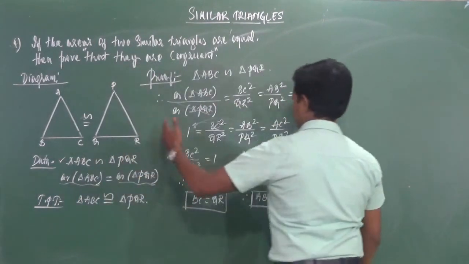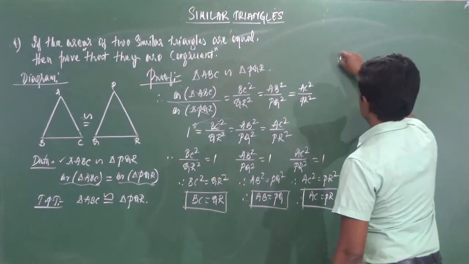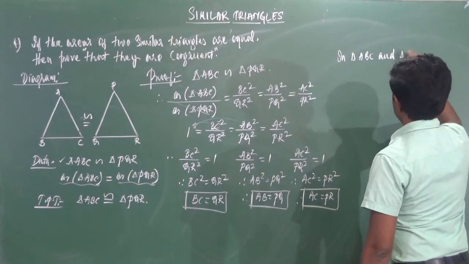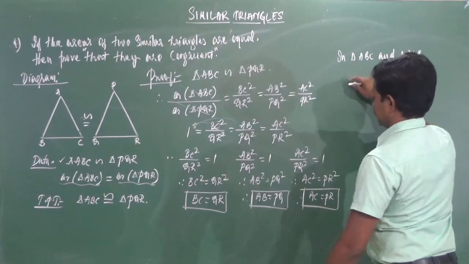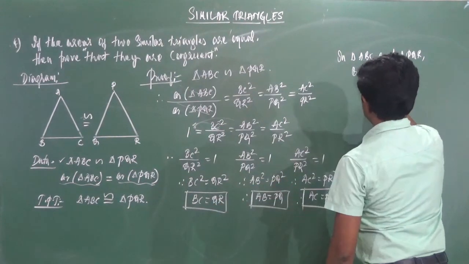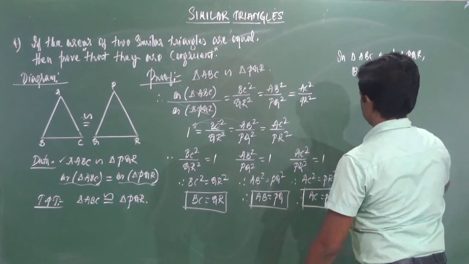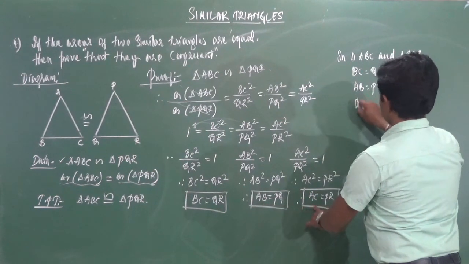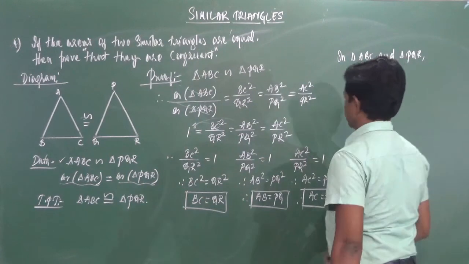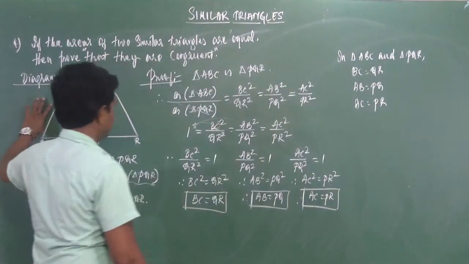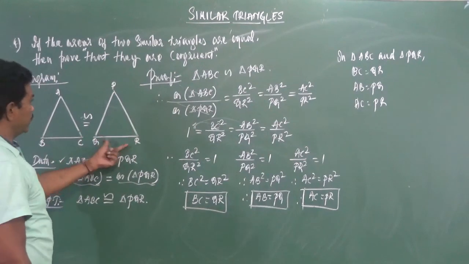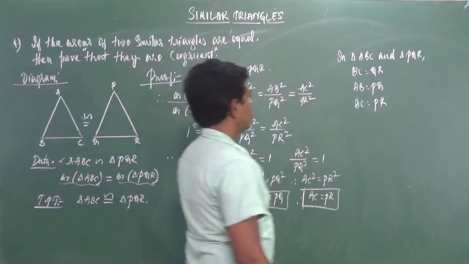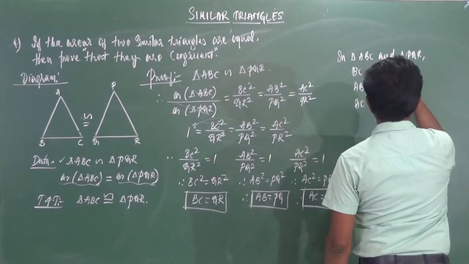Now in triangle ABC and triangle PQR, BC is equal to QR, AB is equal to PQ, and AC is equal to PR. Let us look at the figure here. All the three are proved.